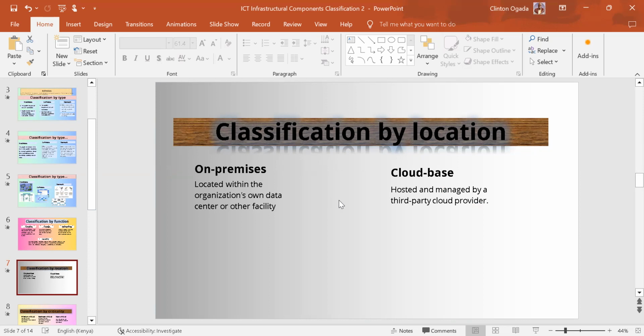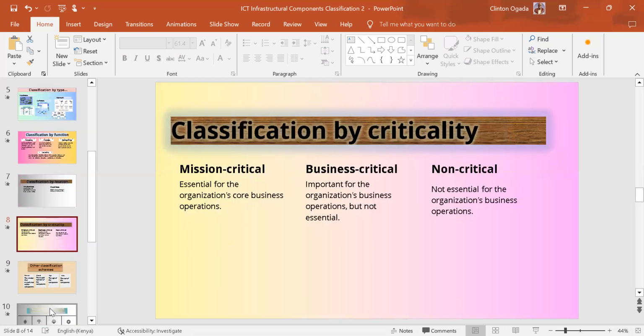On premises, we look at the location in terms of within the organization, examples like data centers and other facilities. And when it comes to cloud-based, we see platforms as a major classification in terms of hosting, and this is mainly provided by a third party.